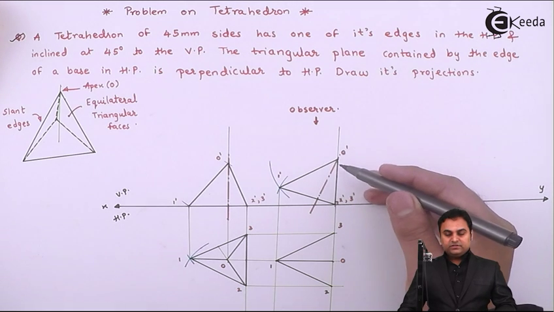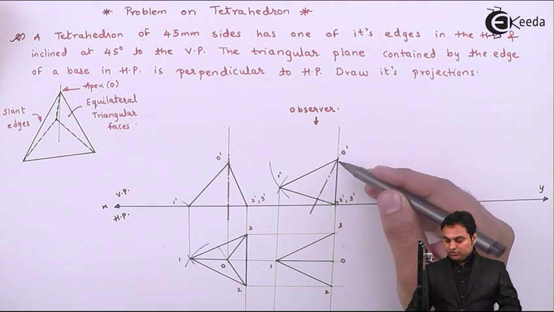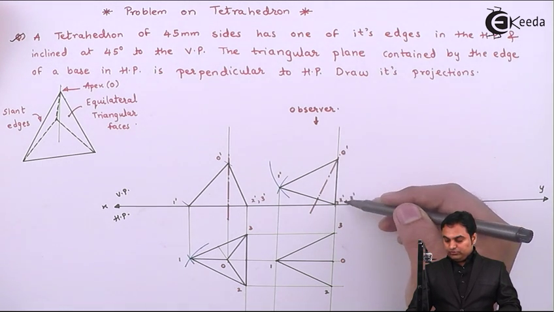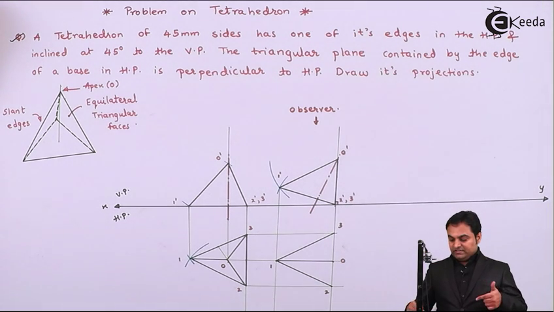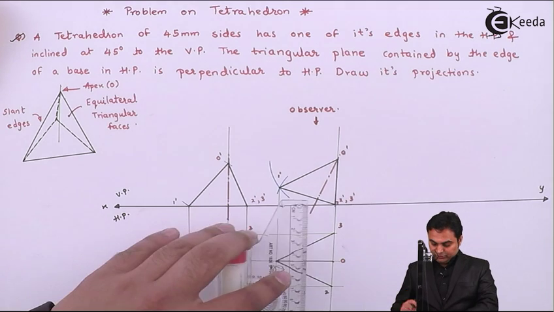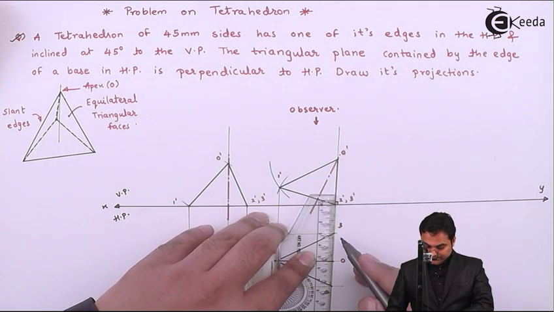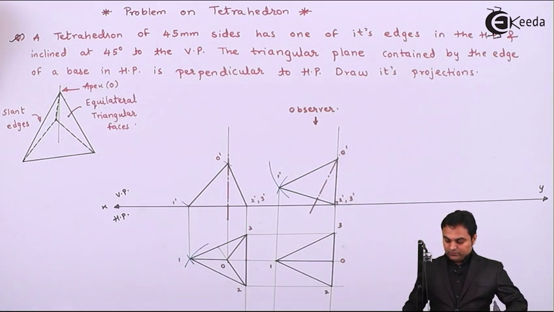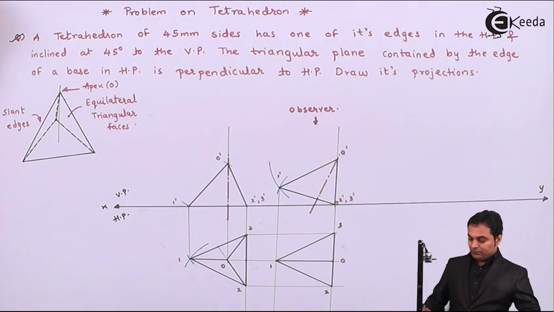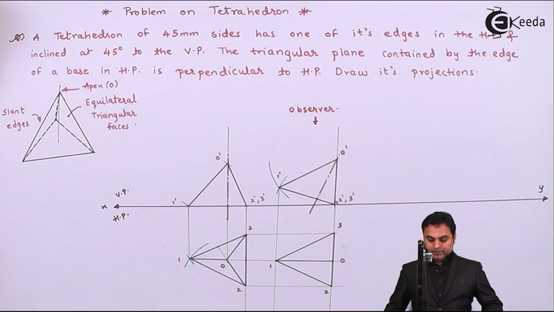Then this complete edge, which is O dash, 2 dash, 3 dash, is actually a triangular face. So that triangular face appears as a line in the top view. All the points are on the same line. So this is the top view of the tetrahedron.